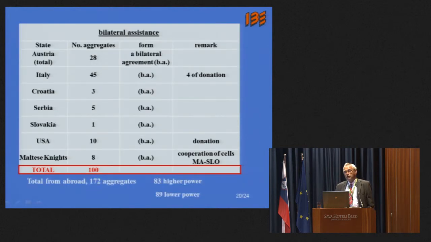Another way of help was bilateral assistance from Austria, Italy, Croatia, and so on. We got 100 aggregates altogether. And it is interesting that 4 of them from Italy were given as a donation, and 10 from USA also as donation.